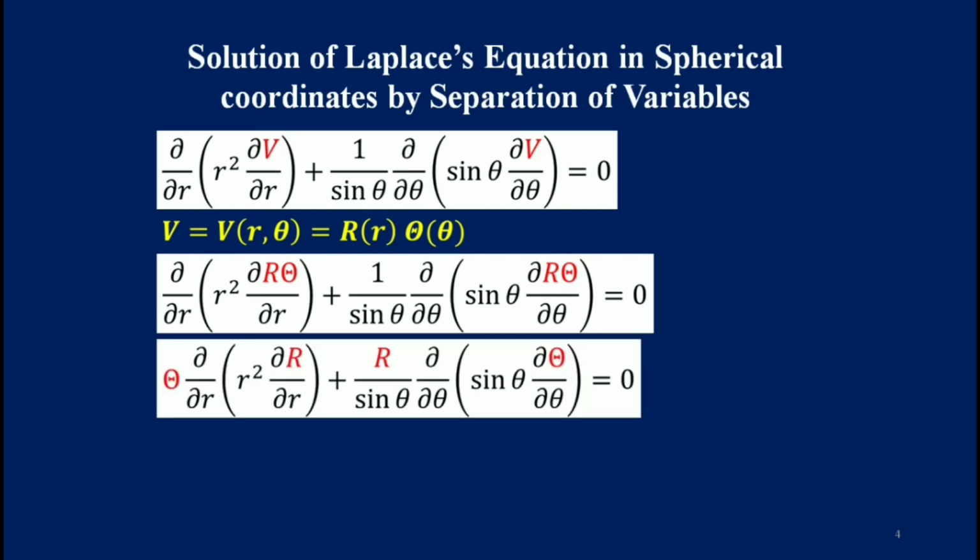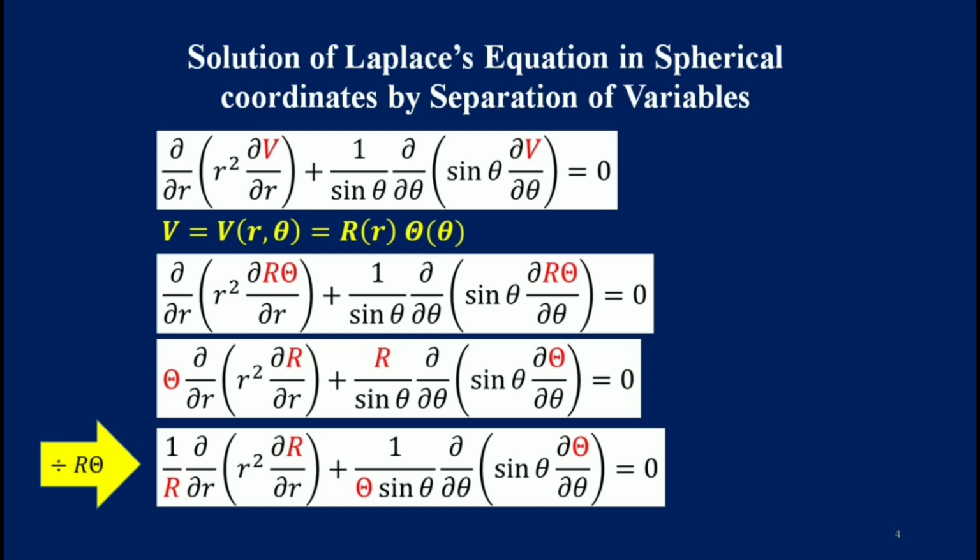In the first term the derivative is with respect to r, and capital Theta is constant there, so taking capital Theta outside the derivative: Theta times the derivative of r squared dR/dr, plus R upon sine theta, derivative of sine theta dTheta/dtheta, equal to 0.